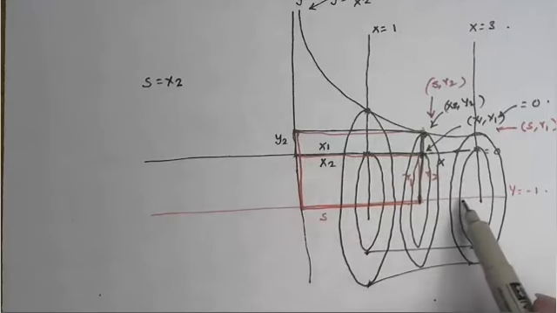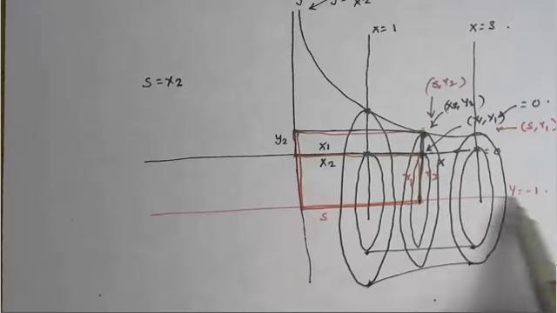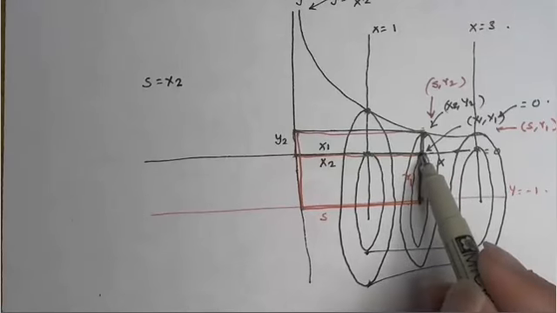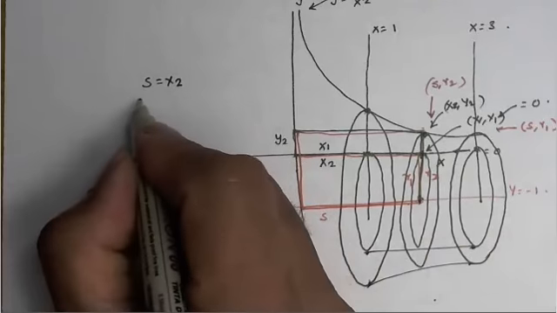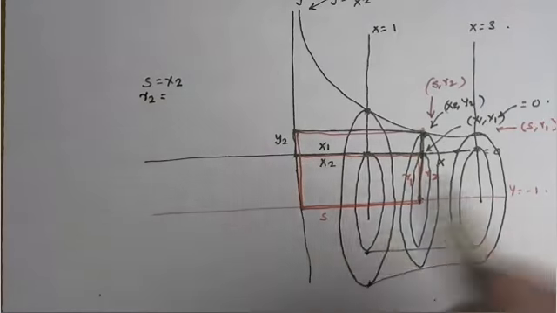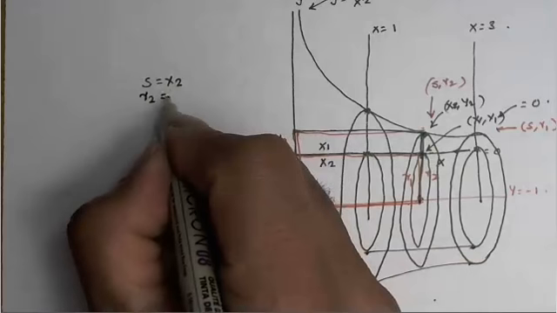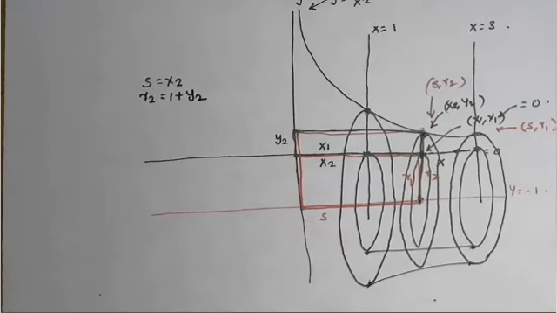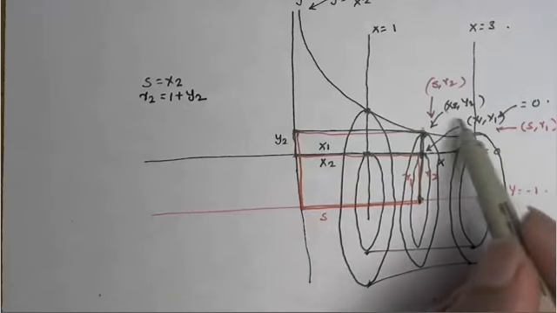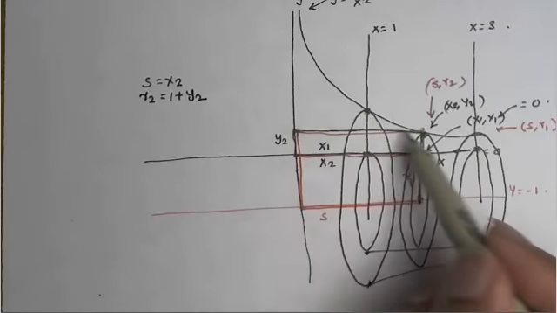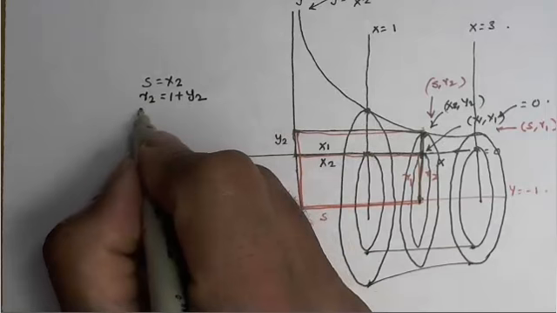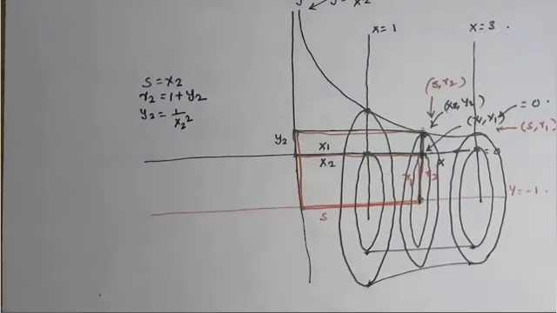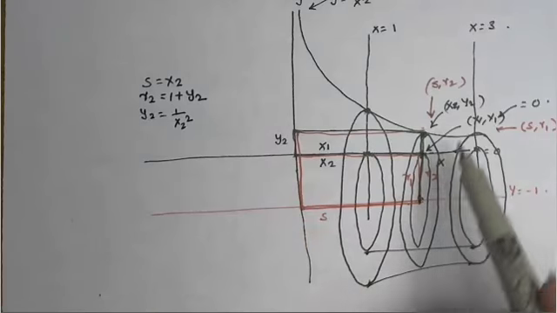And that distance is just the distance of the axis from x equal to 0, and we know that distance is 1. So r2 is 1 plus y2. Okay. And I know x2 and y2, because they are on this curve, are related by y2 equals 1 over x2 squared. And that deals with this point.